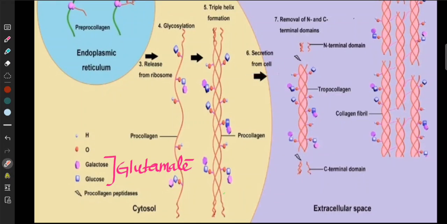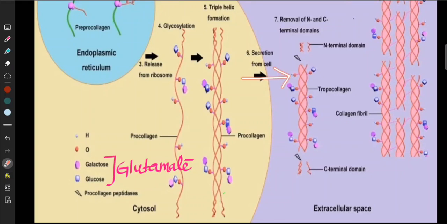It will reach the extracellular space, which means it is coming out of the cell now. I hope you're able to understand. It is being secreted, right? After the removal of the N and C terminal domains, this will be known as tropocollagen. That means this procollagen peptidase is actually working when it is being secreted outside the cell.